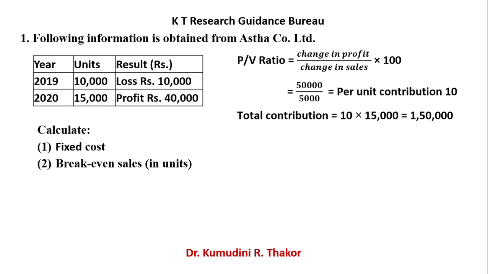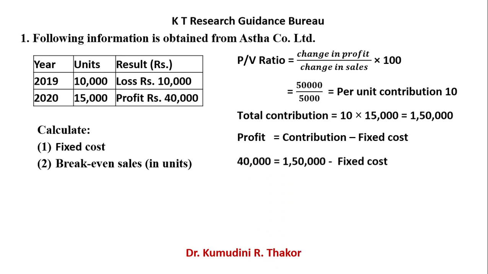So with that help you can find out fixed cost. Profit for 2020 is 40,000 and contribution you found out 1,50,000 minus fixed cost.